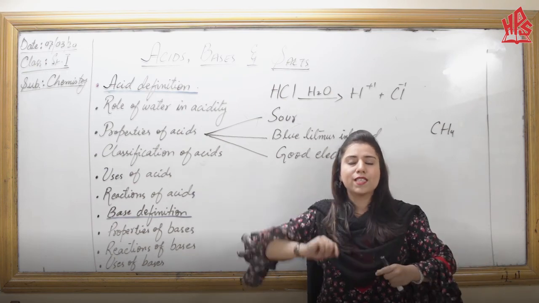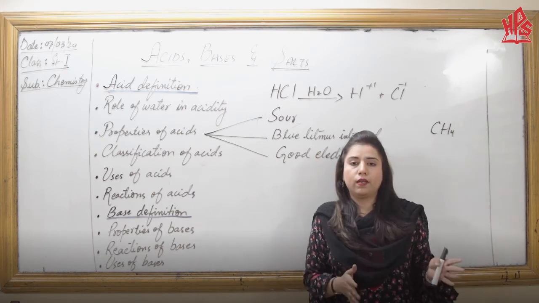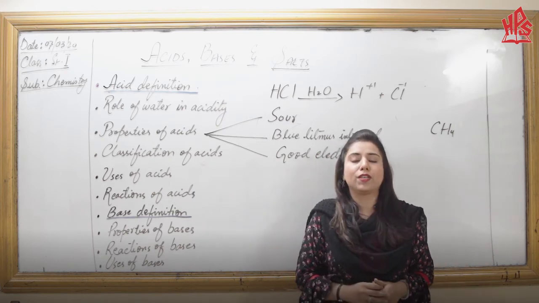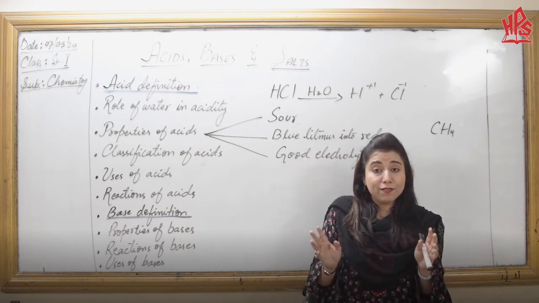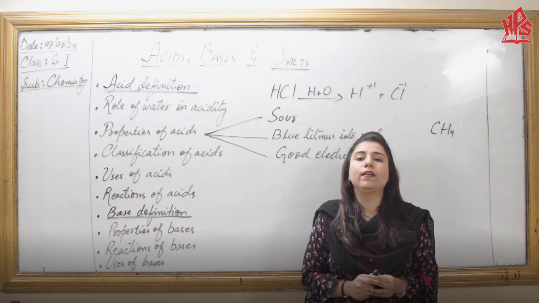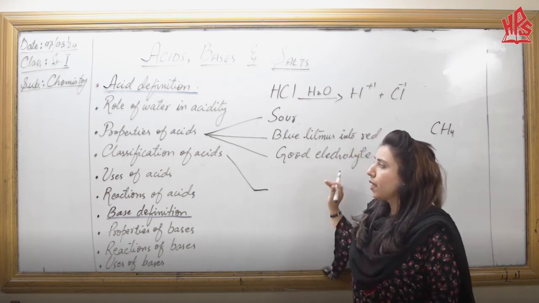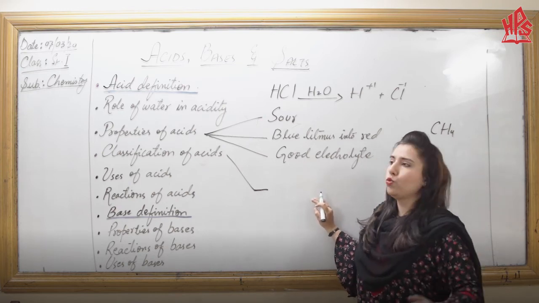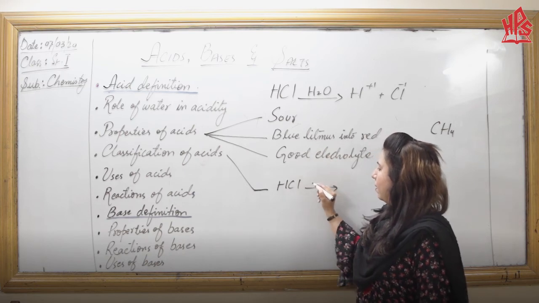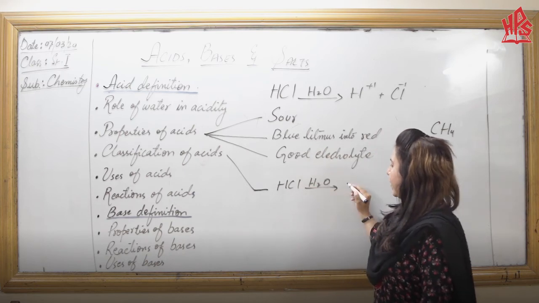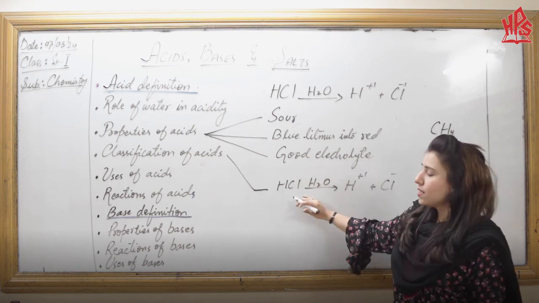So one way of classification we discussed is natural and lab prepared. The second way is strong acids and weak acids. What is the difference between strong acid and weak acid? Strong acids are acids that break completely into their ions. Let's suppose we have HCl. Again, I'm taking the same example. When we dissolve HCl in water, it completely breaks into its ions, H positive and Cl negative. This is a strong acid.